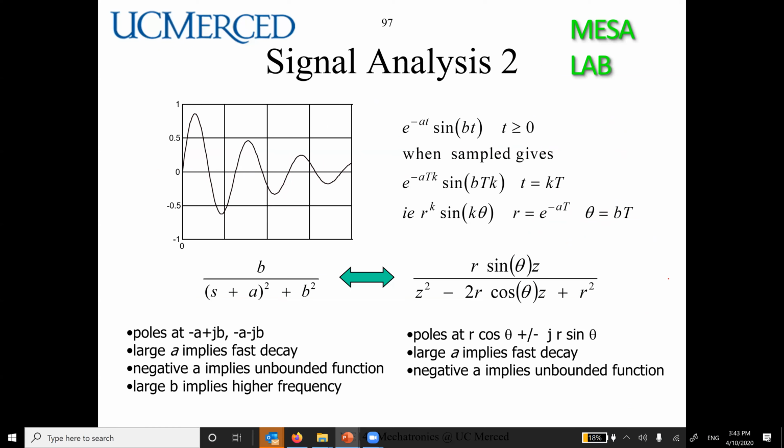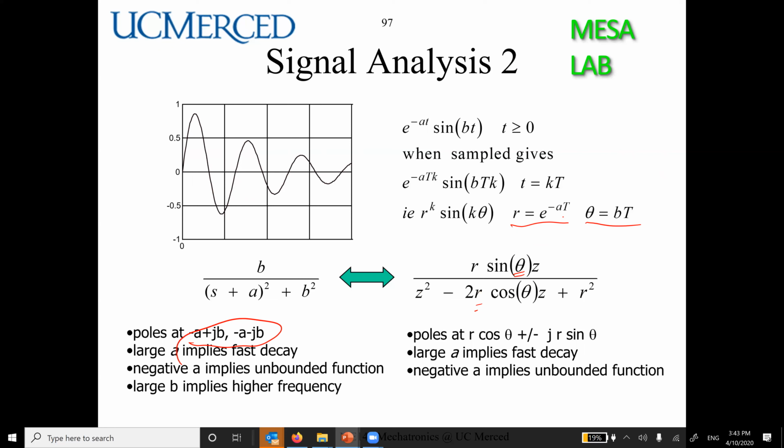Here we can do a complex conjugate. So then you have a sinusoid. Then with a second order complex conjugate, you end up with this, where theta is this and r is this.